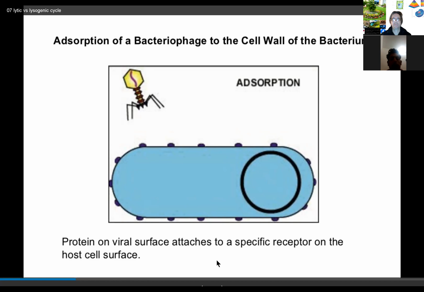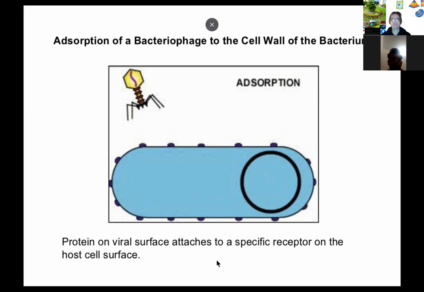The first step, the virus attacks the bacteria. They use their tail fibers for the attachment. They will attach at the receptor site. The site at which the bacteriophage attaches to the bacteria is known as the receptor site, and this step is called the attachment step or adsorption.